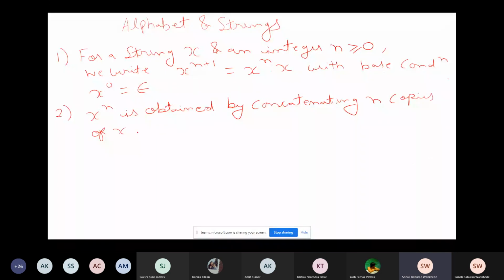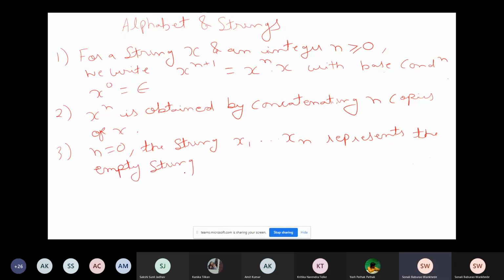My third rule says that whenever n is equal to 0, the string x1 to xn represents the empty string.